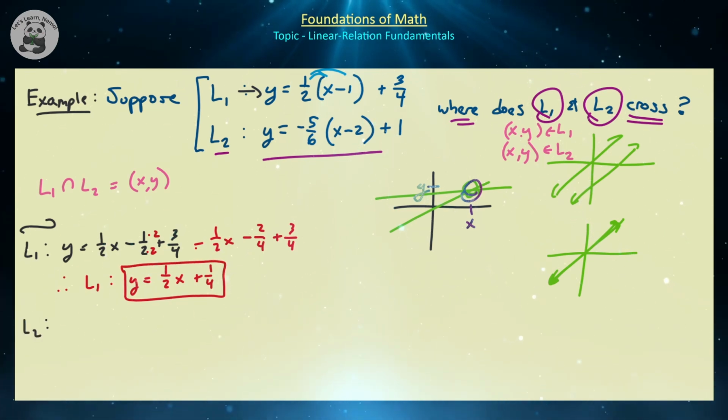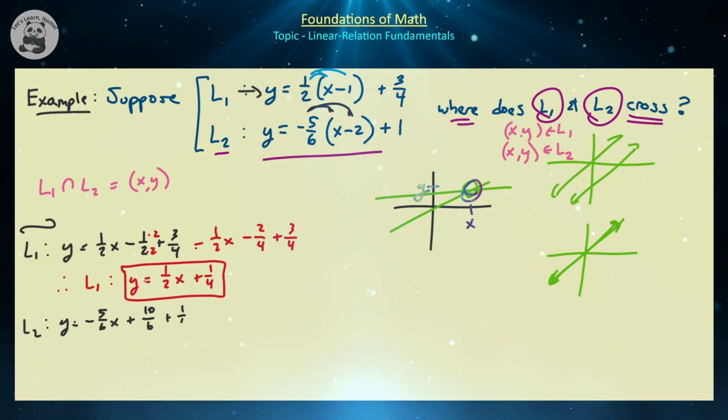Similarly, let's look at linear relation 2, and what we're going to do is distribute this 5/6 to this x and that negative 5/6 to that negative 2. That's going to give us minus 5/6 x plus 10/6, and then we have that lonely plus 1, and of course we're going to multiply top and bottom of that by 6, which gives us minus 5/6 x plus 10/6 plus 6/6, and 10 plus 6 is of course 16.